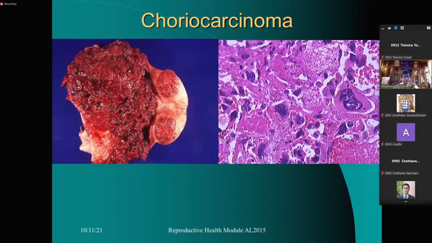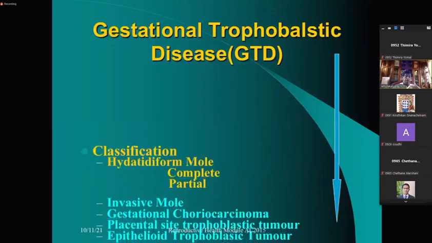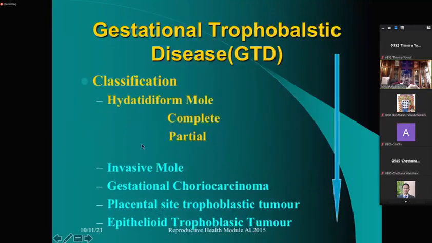So this is a situation where it becomes malignant following the initial episode of complete hydatidiform mole. We started from here. It can start as benign, but after completing treatment by evacuation, sometimes it turns out to be a malignant choriocarcinoma.